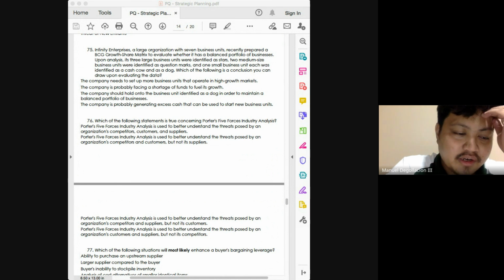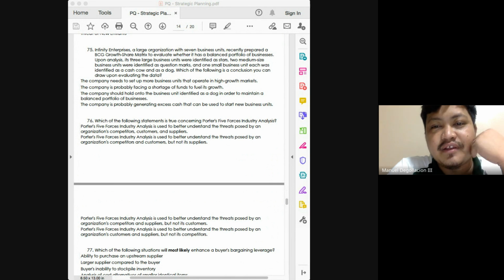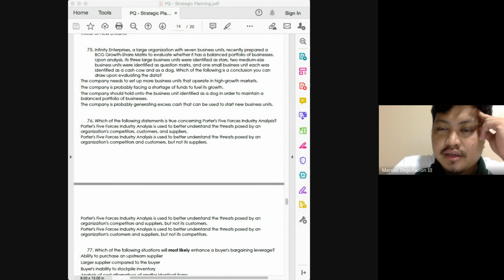If growth potential is low, then the product, service, or business unit may be classified either as a cash cow or a dog.